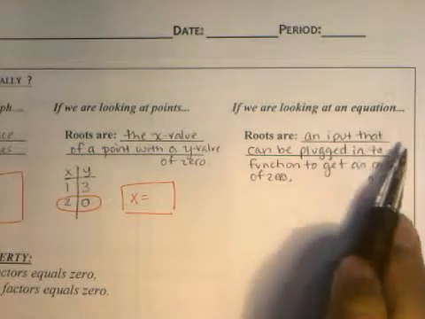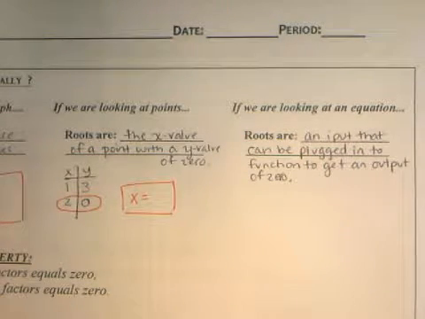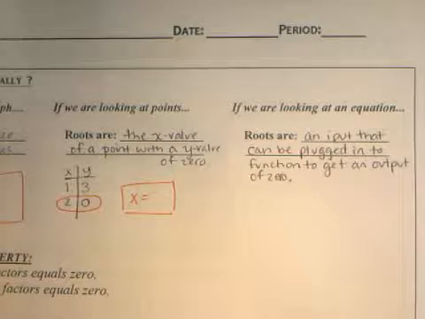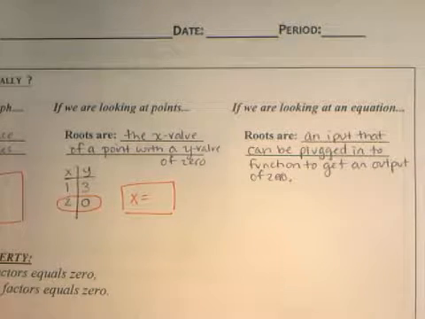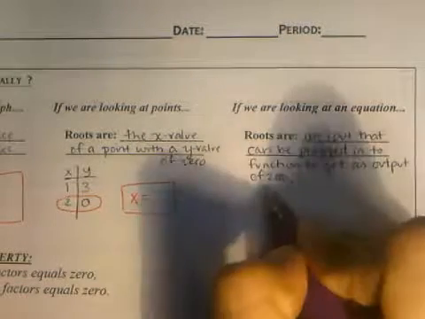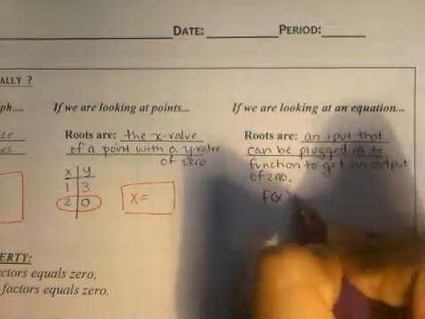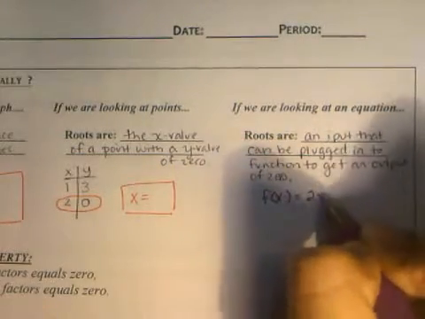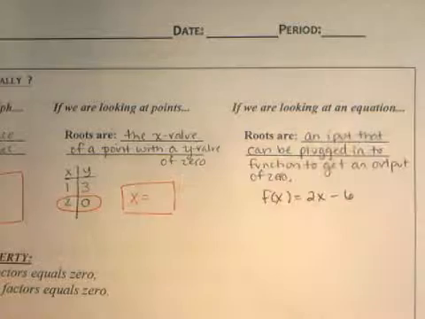Because this definition ultimately is actually the most useful one, but it's also the most abstract, let me give you an example. Let's suppose we were looking at the function f of x equals 2x minus 6.